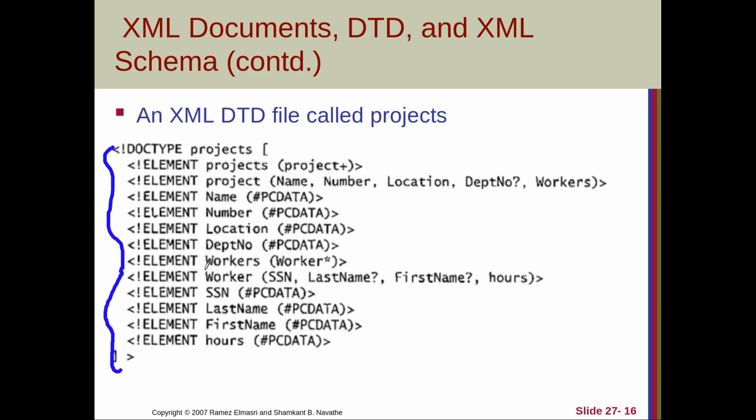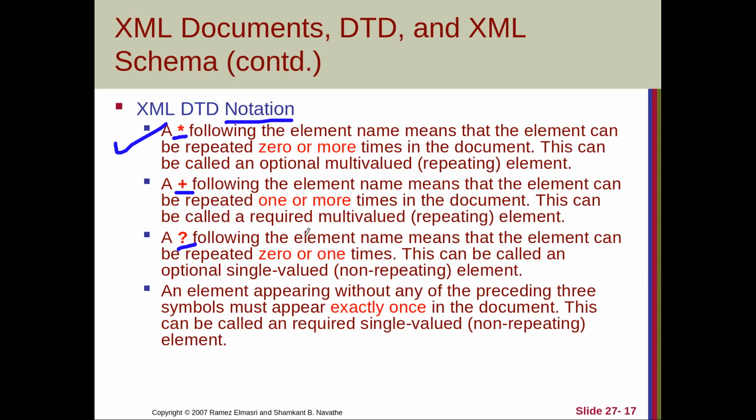The property of this workers is worker star. So what is the meaning of this star? A star following the element name, worker being the element name, means that the element can be repeated 0 or more times in the document.